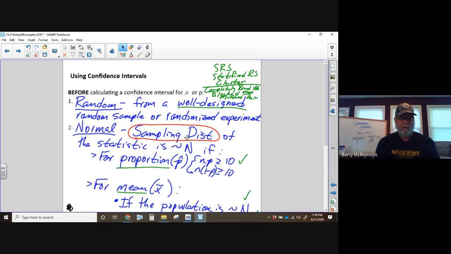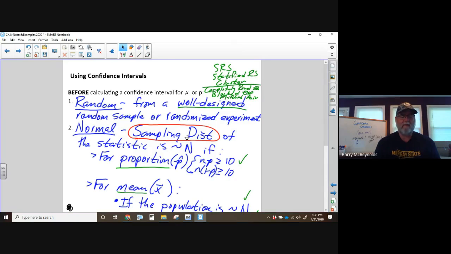Okay. Now we want to state and interpret the 95% confidence interval. Our margin of error is plus or minus 3 percentage points, and our p-hat was 66%.